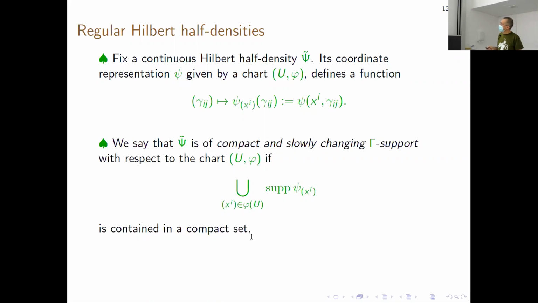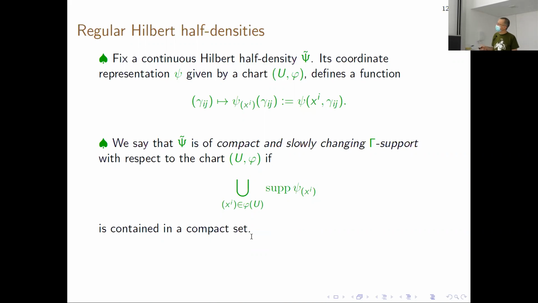So here I have a support of such a single function, and I consider such a union of these supports, and here the value of the coordinates runs through the image of this set U. So now each support here is by definition closed.